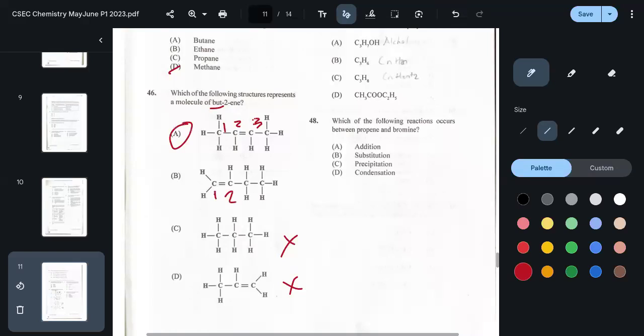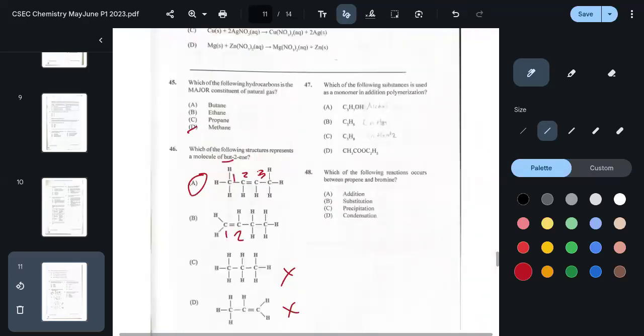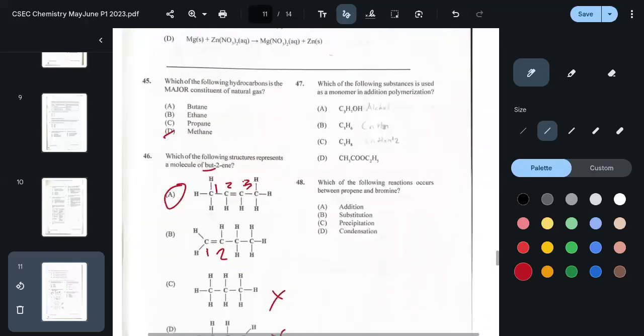All right, 47 says, which of the following substances is used as a monomer in addition polymerization? So remember, once it's addition, which homologous series does addition? Alkene.